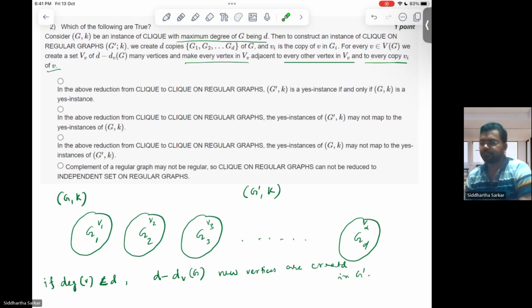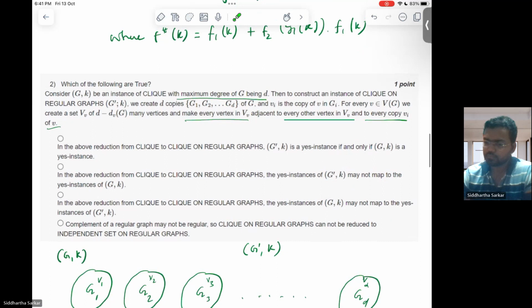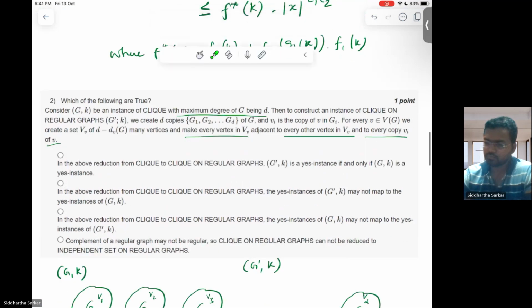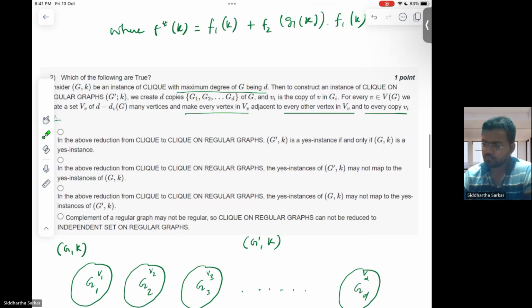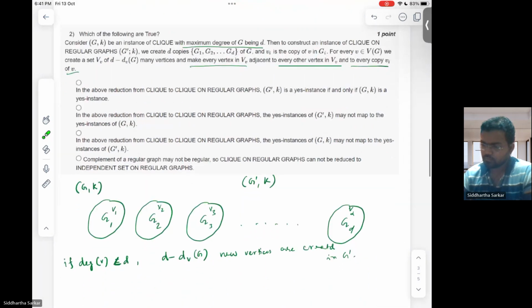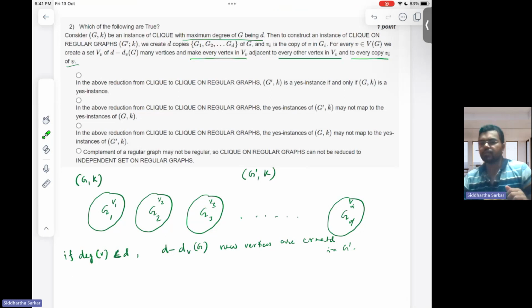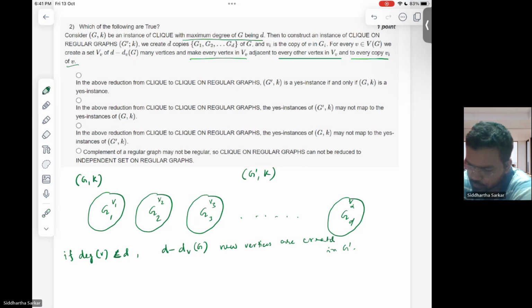Consider a vertex v in the original graph with degree d.